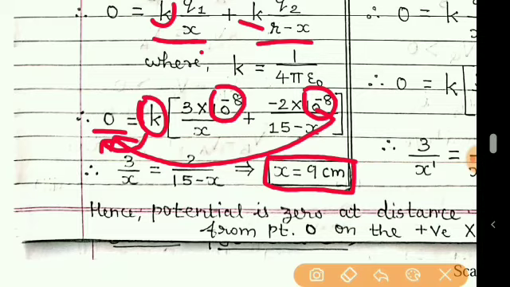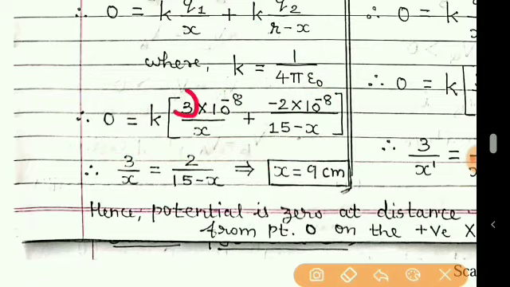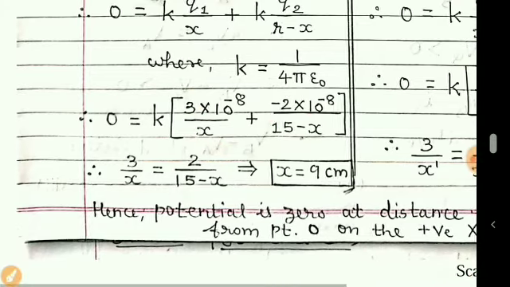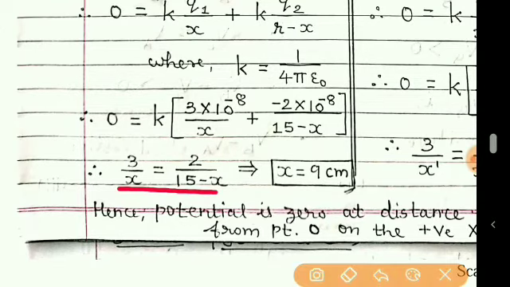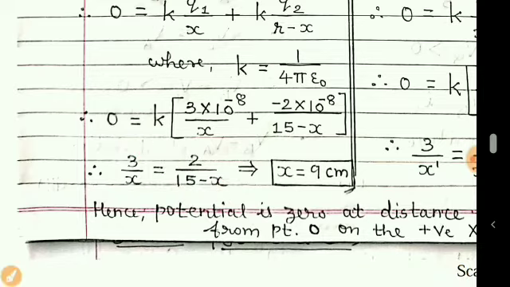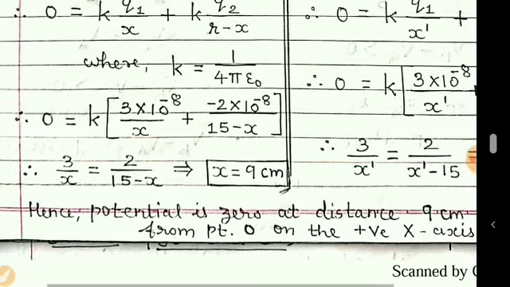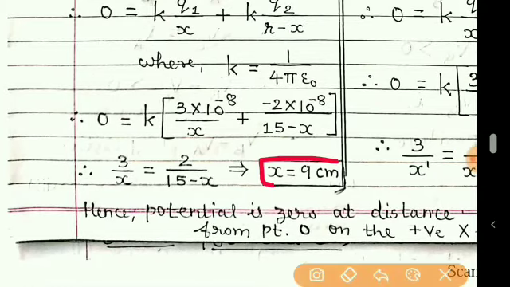So the only thing that remains is 3 upon x minus 2 upon 15 minus x. The next step is cross multiplication: 3 into 15 minus x is equal to 2 into x, and then simply making x the subject, we get x is equal to 9 centimeter.